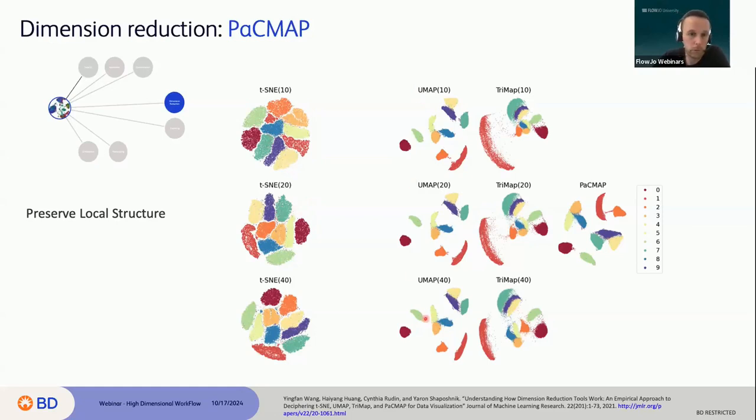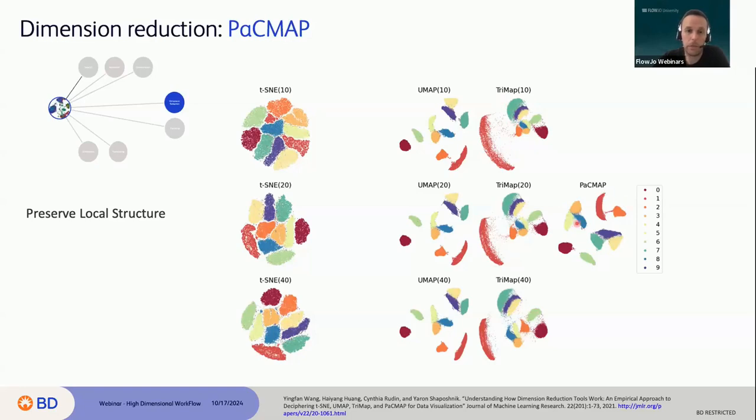UMAP, same, is not doing a bad job there at all. So we can really see well separated populations. So good there as well to keep the local structure. But for TriMap, you see that it's having a little bit of a hard time separating the different cell populations. And TriMap we know is really good at keeping the global structure, but not as good at keeping the local structure.